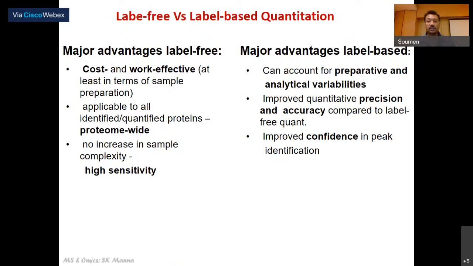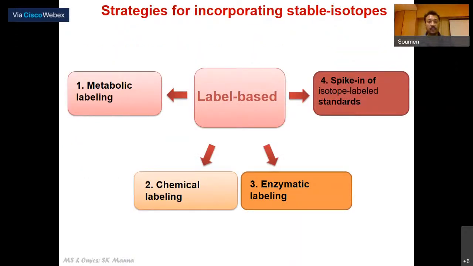On the other hand, in the case of label-based approaches, which we'll discuss shortly, they use expensive reagents and take significant time for preparation. However, the precision and accuracy is very high, and the confidence in peak identification is very high. So there are different types of labeling techniques.